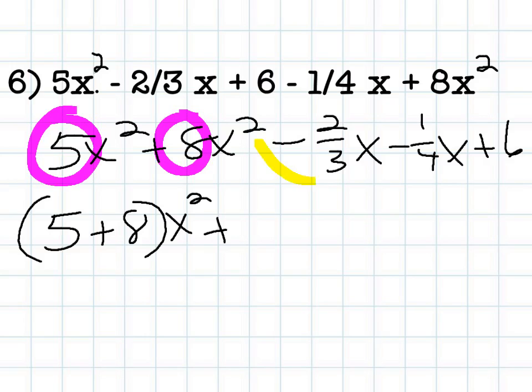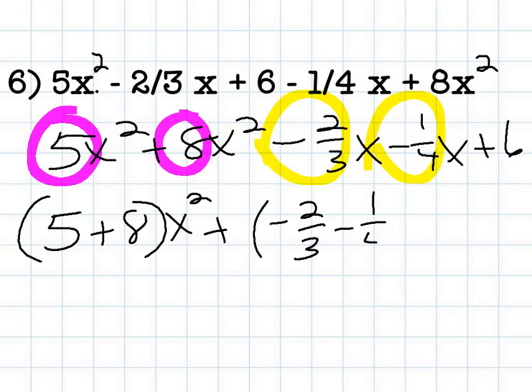They're with the x's, so we want to pull out the negative 2/3 and the negative 1/4. So we would write negative 2/3 minus 1/4 x. Now 6 has nothing in common, so just bring it down.